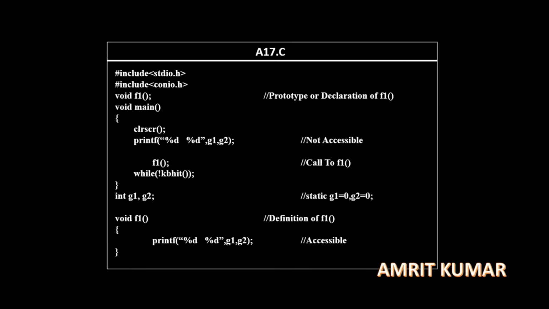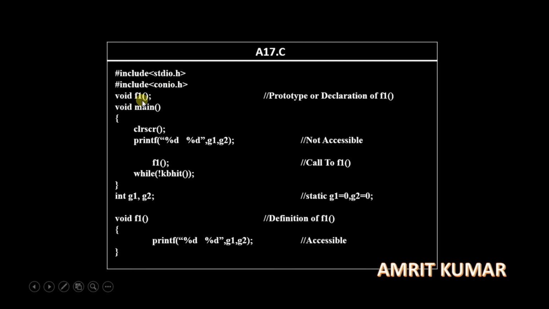Now we have an example. We have included the standard input output header file, stdio.h, and we have included again a conio.h file, which stands for console input output header file. Hash include means include this file and this file.